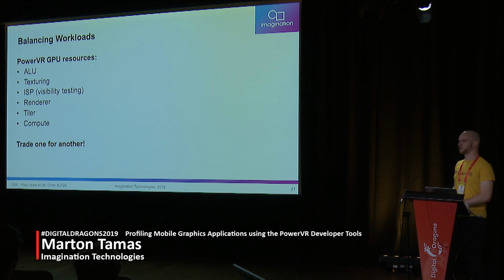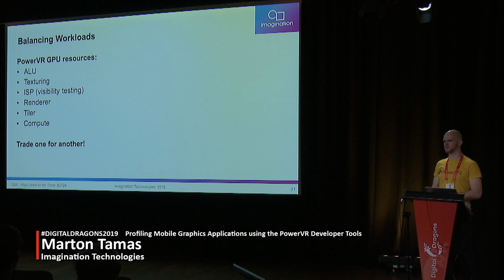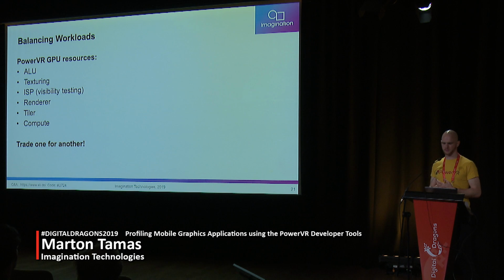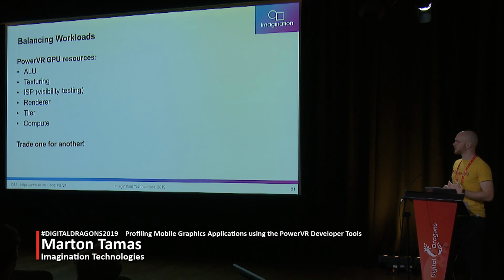Essentially what you're looking to do is, when one resource is fully utilized, shift workload to another resource in a clever way, and therefore you can free up some of that and achieve faster performance. On PowerVR, we have a number of different GPU resources, such as the ALU, texturing, the image synthesis processor, which is basically the visibility testing unit, and renderer, tile, and compute.